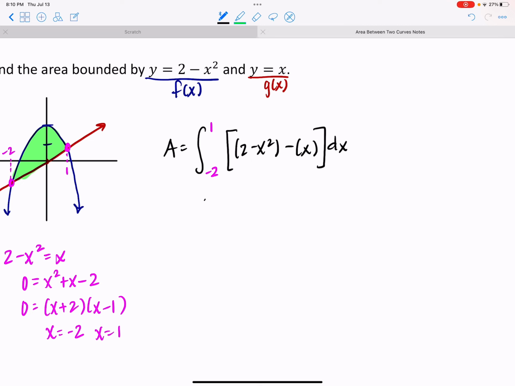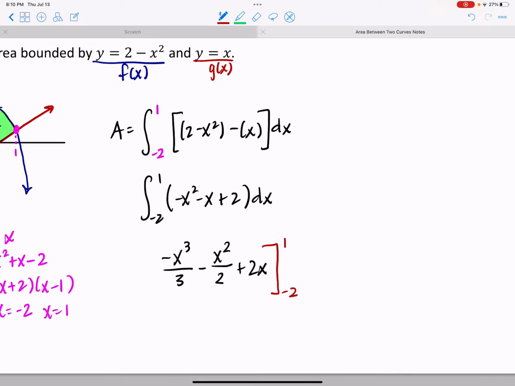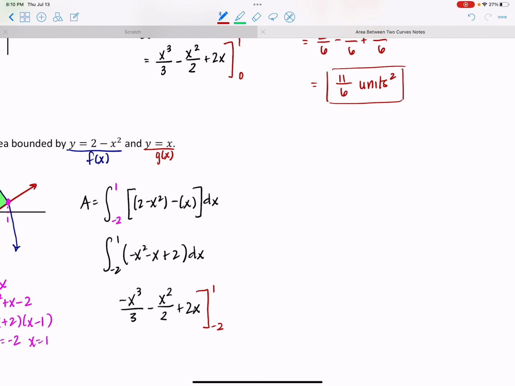So this is the integral, again, from negative 2 to 1 of a negative x squared, a negative x, and a positive 2. Almost the same thing that we just did. So we're looking at negative x cubed divided by 3, minus x squared divided by 2, plus 2x. Again, let's evaluate this thing at the upper limit of 1 and the lower limit of negative 2, subtract those results, and then we will have our area.